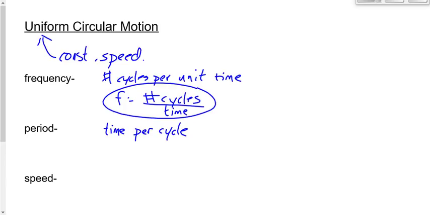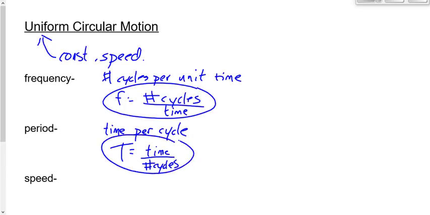Good, it's capital T. Not just any T, but a capital T. Lowercase t is just time in general, any amount of time, time interval, whatever. Big T is specifically the amount of time for one complete cycle. If it's time per cycle, then we're going to divide the time over the number of cycles, which of course is exactly opposite to what frequency is. Also circled in blue, meaning that it does not appear on our data sheet.